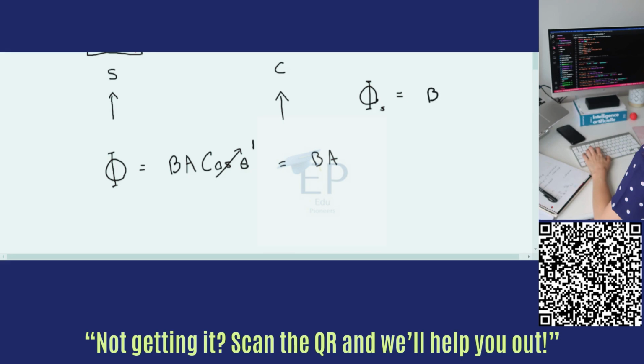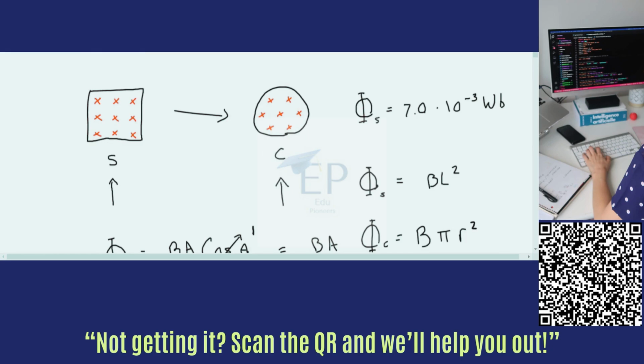So B L squared. And then similarly for our circle, we're going to have the magnitude of the field B times the area of a circle, which is pi r squared. So up in our drawing here, we'll call the side length of our square L. We'll call the radius of our circle R.